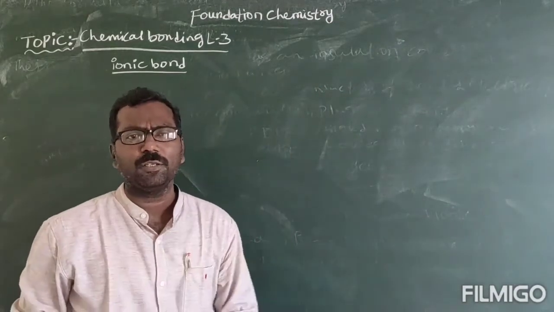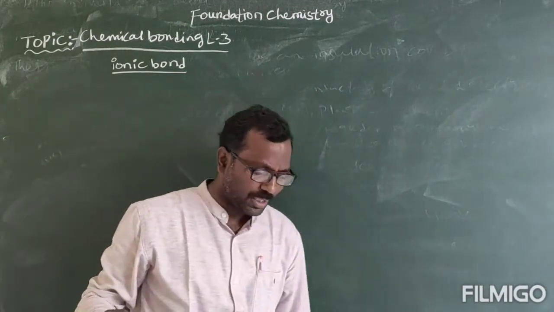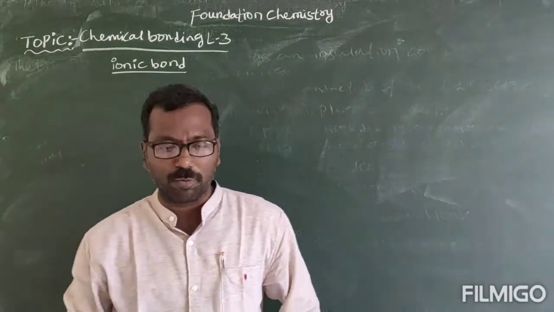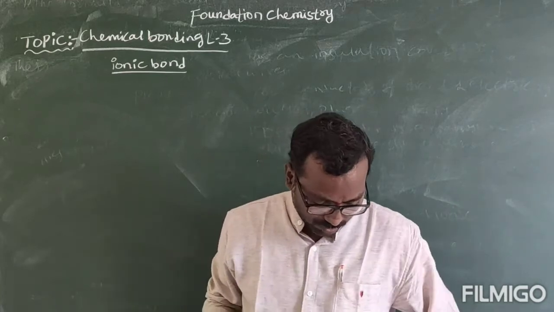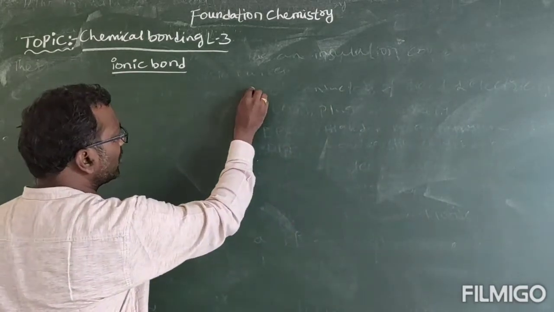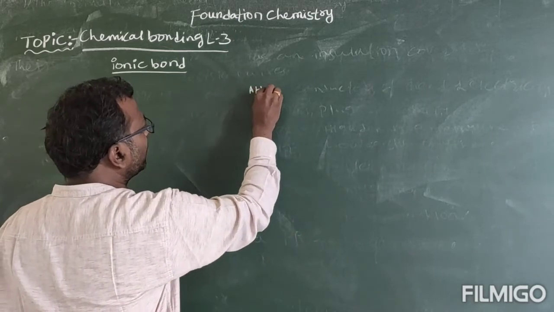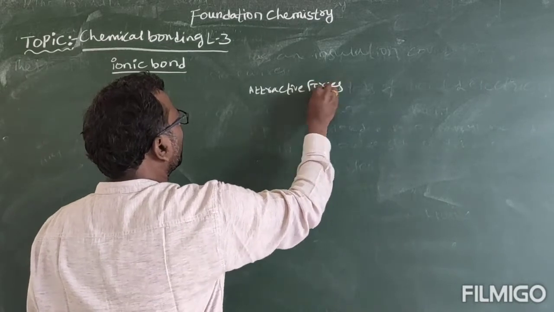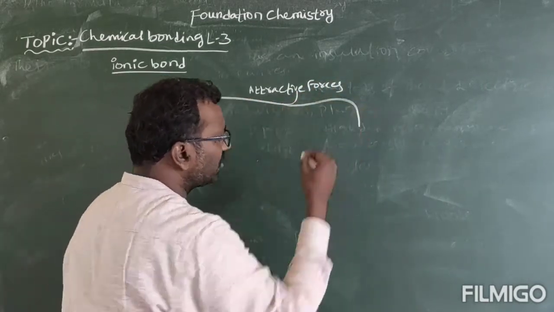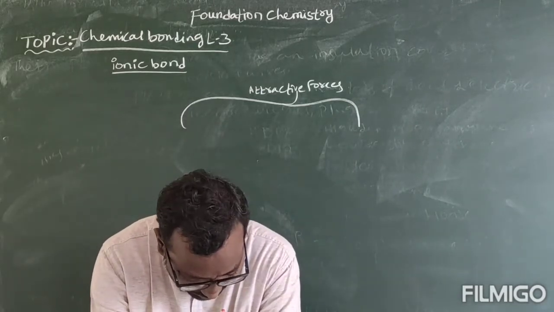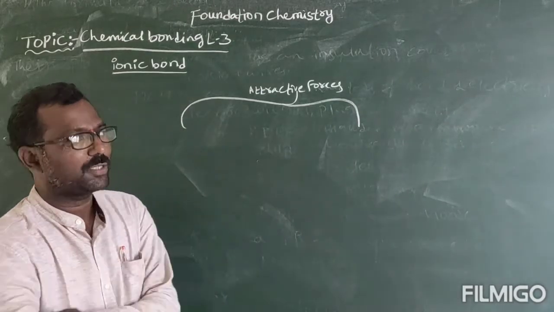Before entering into the bond, do you know how many types of chemical bonds there are? Based upon the attractive forces, chemical bonds are classified into two types: interatomic and intermolecular bonds.